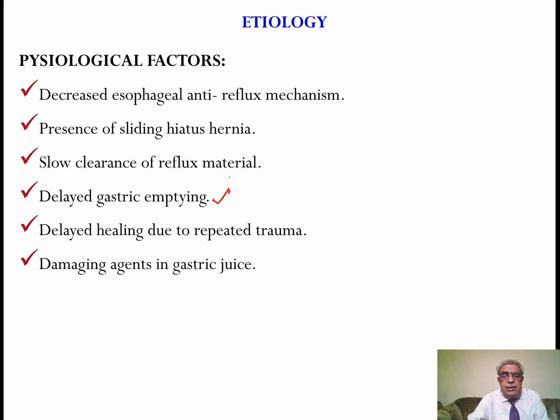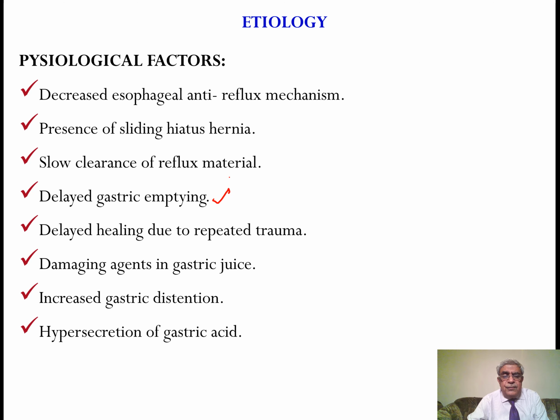Damaging agents in the gastric juice, that is, the acidity of the gastric juice is increased. Increased gastric retention, that is, the gastric contents remain there for a longer period of time. Hypersecretion of gastric acid, that is, there are diseases like Zollinger-Ellison syndrome with increased secretion of gastric acid.